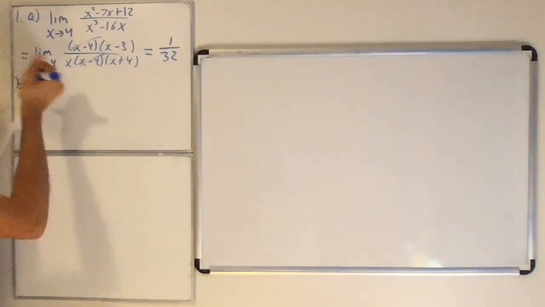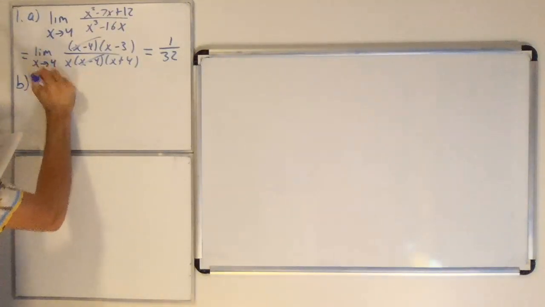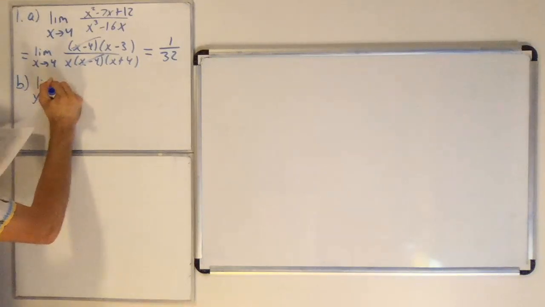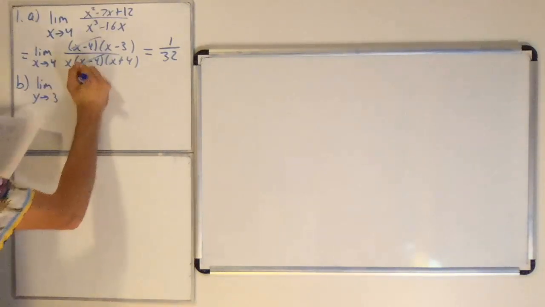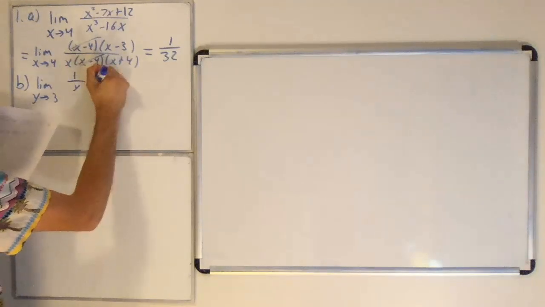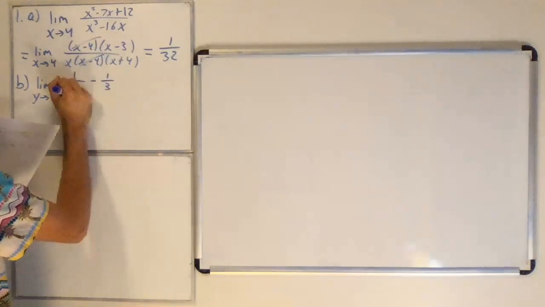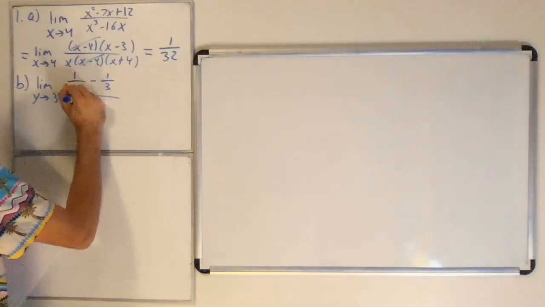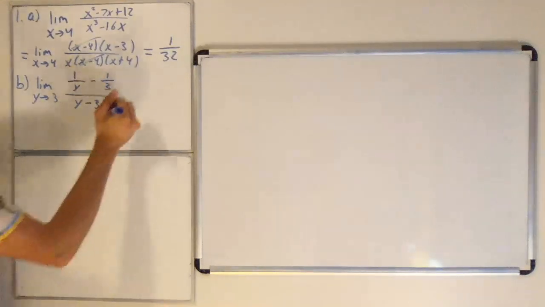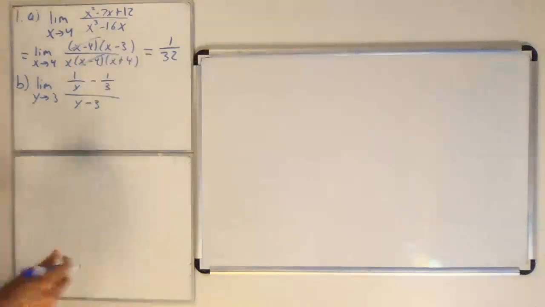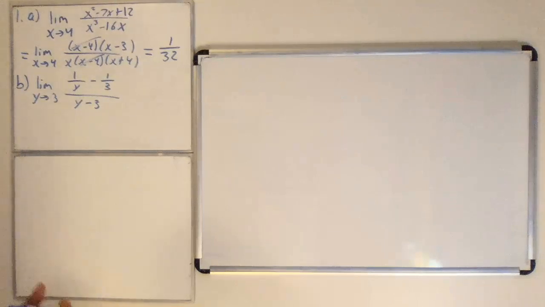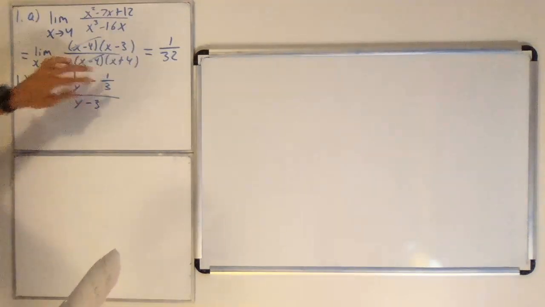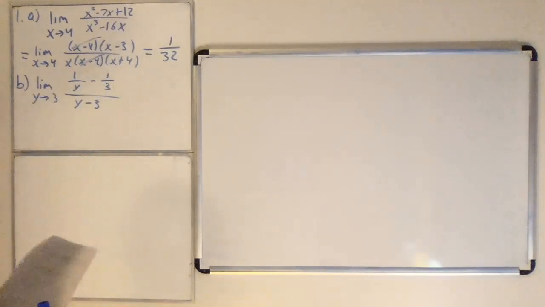Okay, so the next one is the limit as y goes to 3 of 1 over y minus 1/3 over y minus 3. And again, if we tried to just evaluate this limit by plugging in y equals 3, we would get 1/3 minus 1/3, which is 0 over 0.